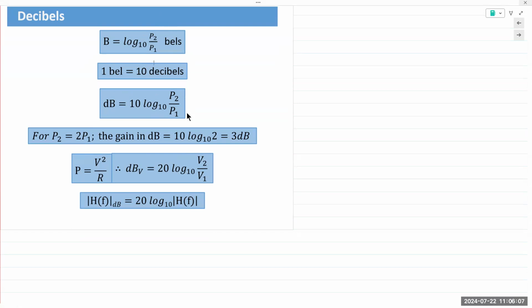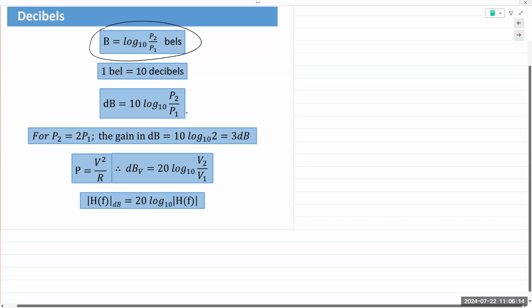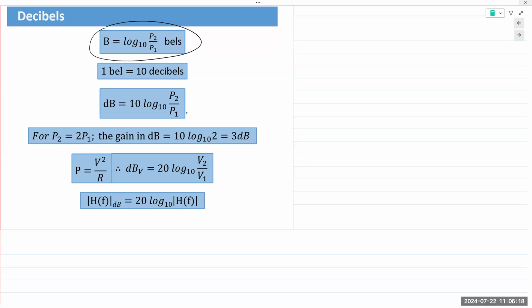So the log of the ratio of 2 powers, base 10, was given the unit of 1 bell, or B. This B is not the bandwidth, uppercase B. It signifies the unit for the ratio of powers. If it's the ratio of powers, obviously it's unitless, it's dimensionless.